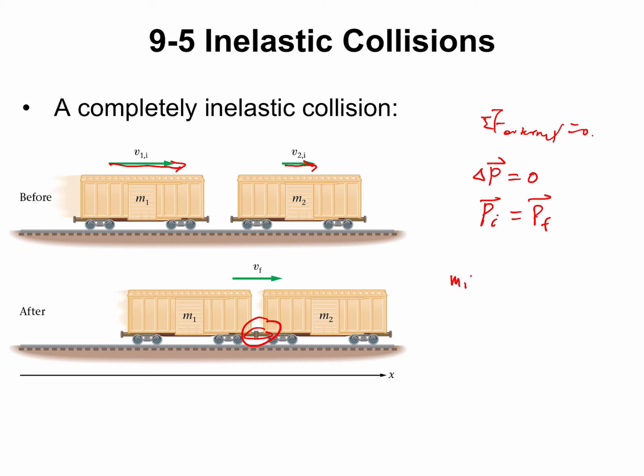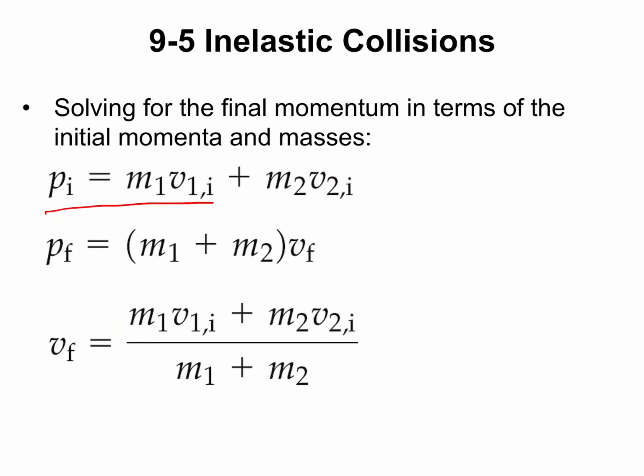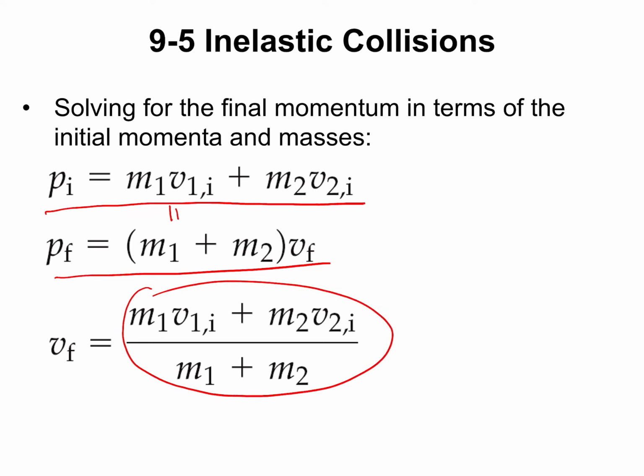Pi is m1 v1I plus m2 v2I, and Pf equals m1 plus m2 times vf. If you are given v1I and v2I, just use this equation, and we can figure out the velocity after they bump together.